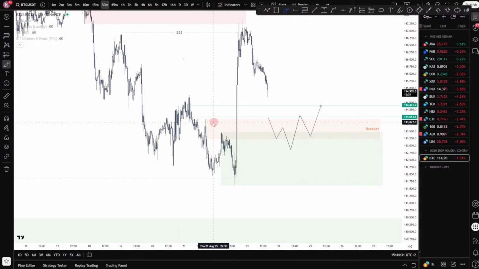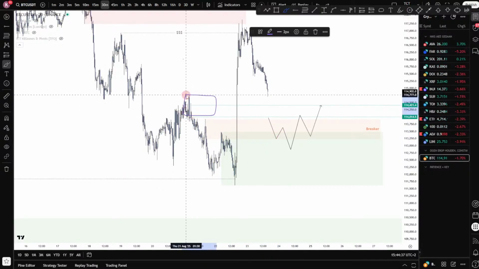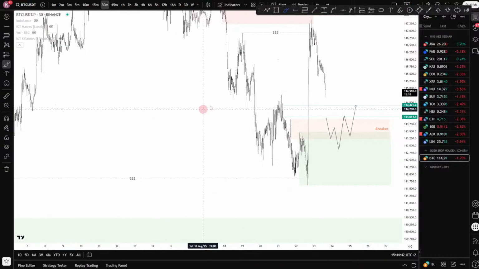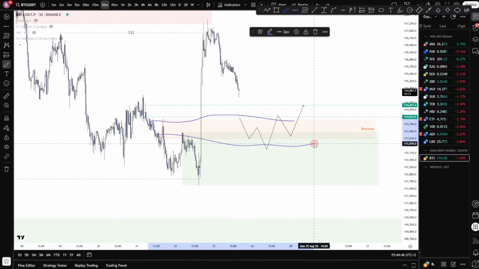And that's why I would prefer a little bit deeper point of interest instead of this part right here. The support resistance is there, but I would still expect price even after a big pump like this to go a bit deeper.